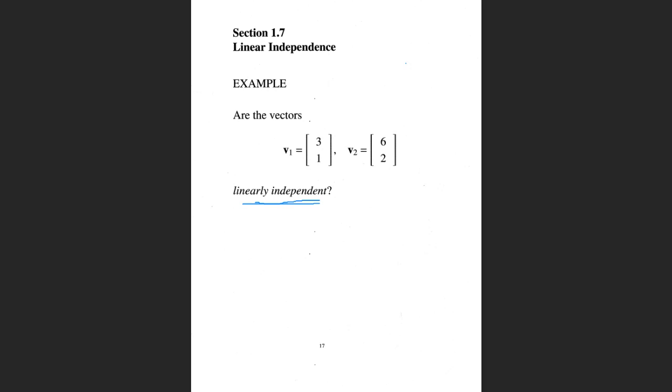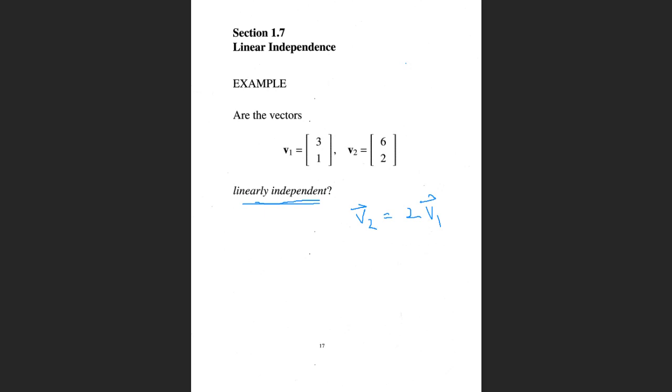Is vector 2 at all related to vector 1? Okay, how is that, Mikhail? How is vector 2 related to vector 1? That's right. The second vector is twice the first vector.